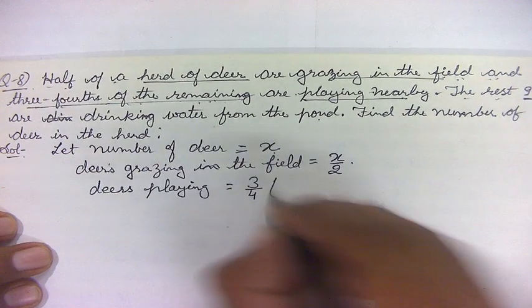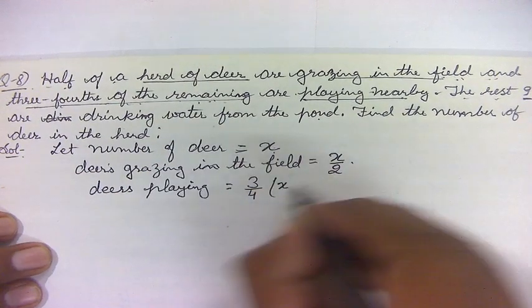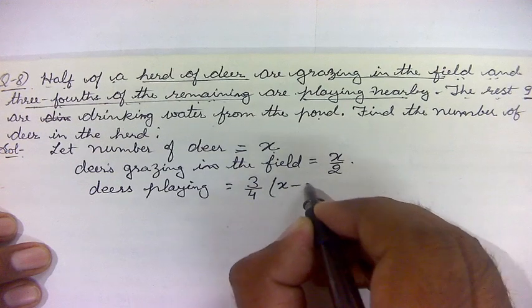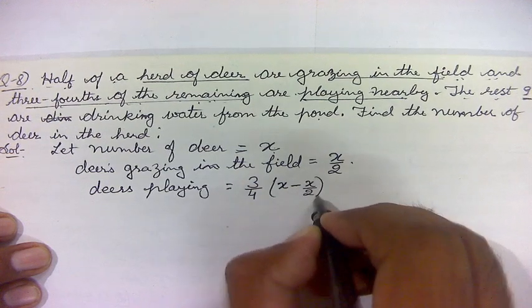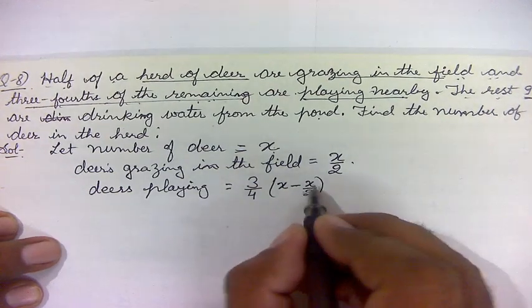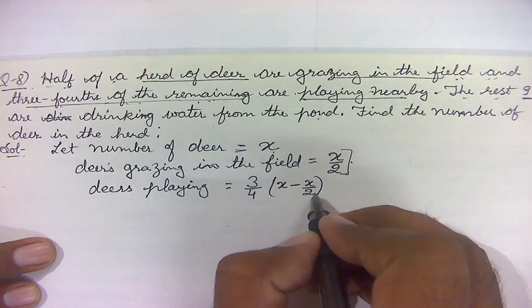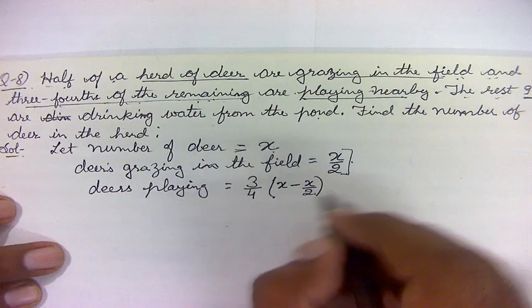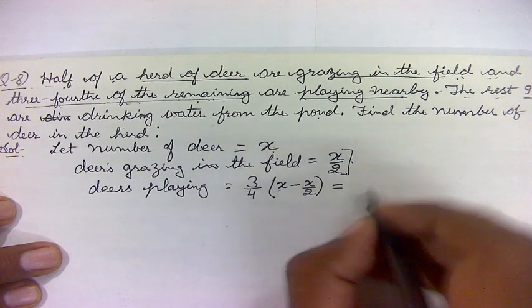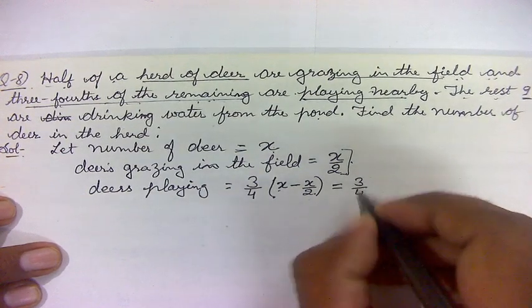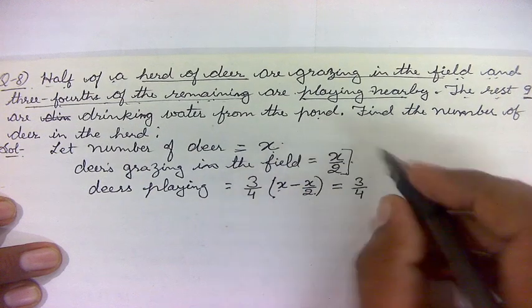Of the remaining means from the total, remove this x upon 2, and whatever is left, you calculate 3/4 of that. So x minus x upon 2 gives x upon 2, because if you remove half, half is left.